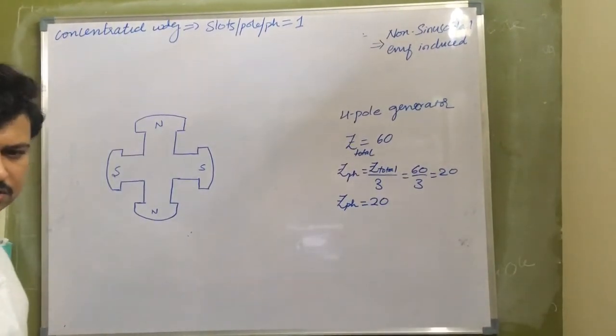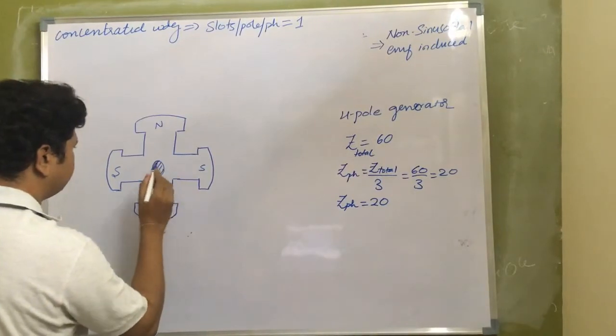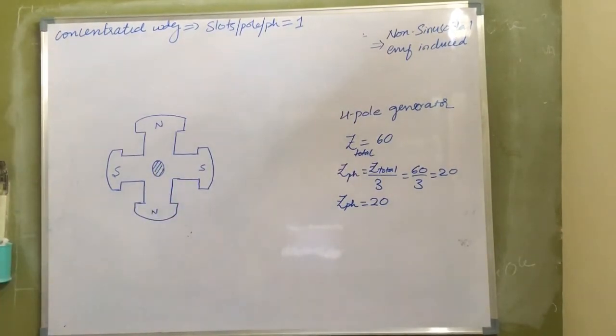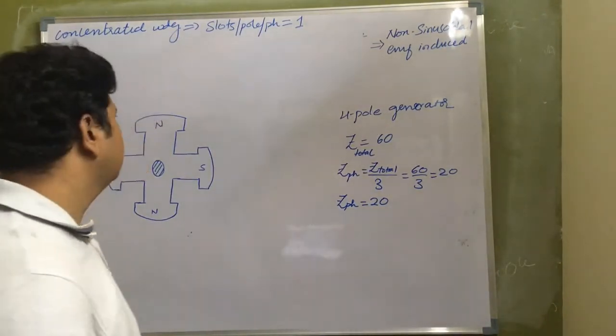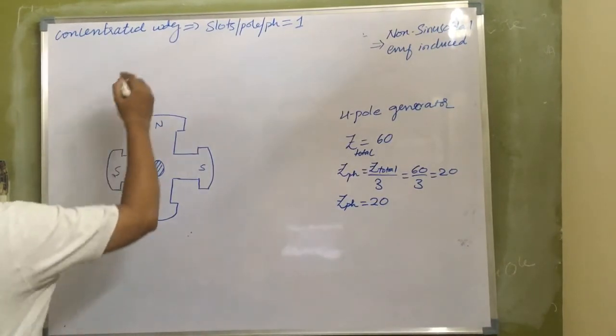Okay, don't think that it is true only with a salient pole rotor. Now this is the shaft. Okay, now I have a 4-pole machine and I have a stator for this.